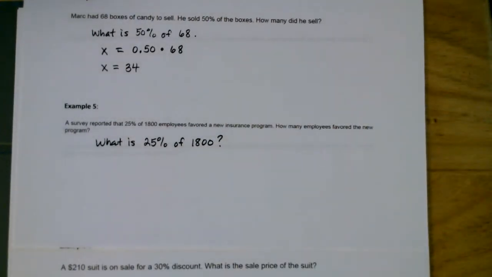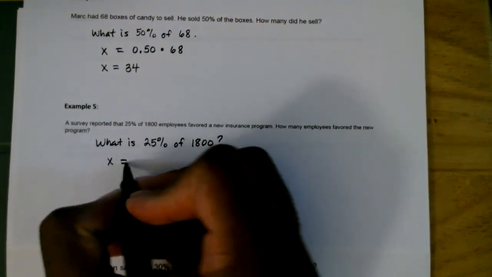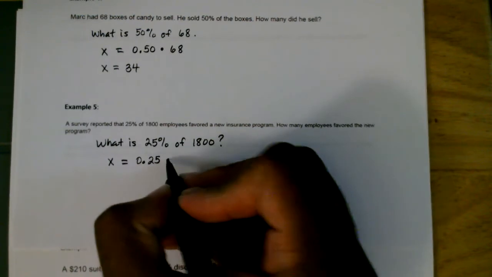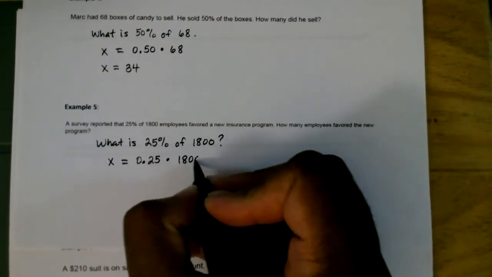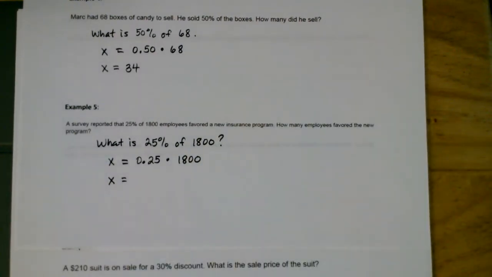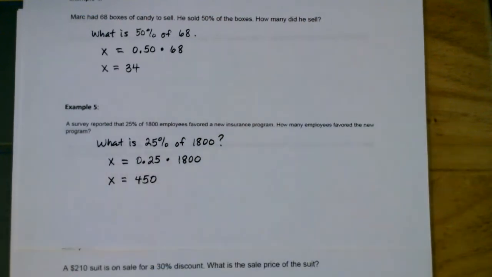What is 25% of 1,800? So what would be the x. The is the equal sign. 25% as a decimal would be 0.25. Of means to multiply 1,800. So 25% or 0.25 times 1,800 would be 450. So that means here 450 employees favored the new insurance program.